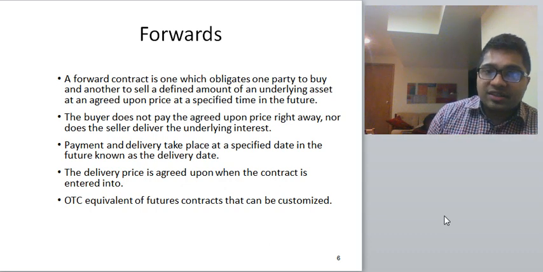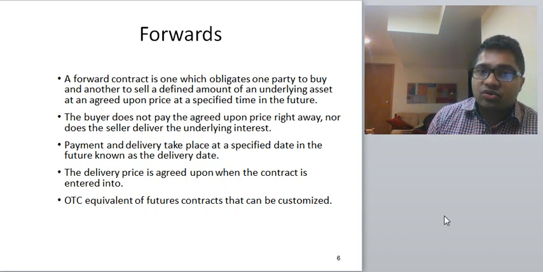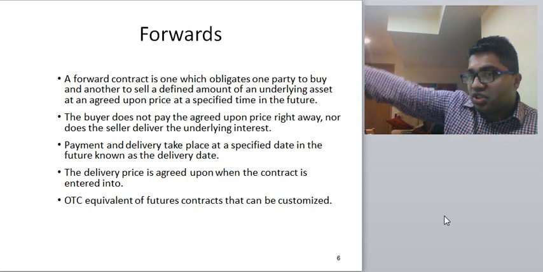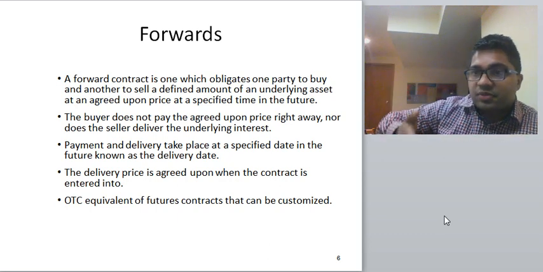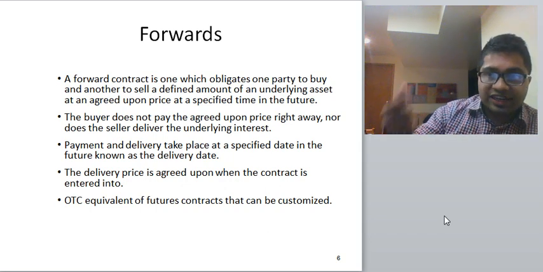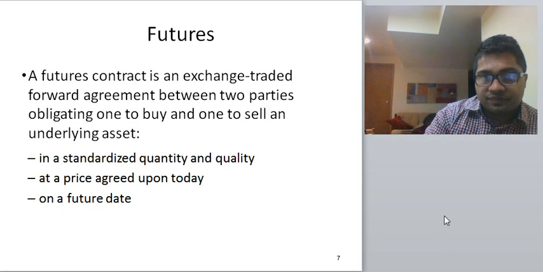Payment and delivery takes place at a specified time in future known as the delivery date. The delivery price is agreed upon when the contract is entered. So what are you doing? You're buying and selling at a future date at fixed price. It is the OTC equivalent of future contracts that can be customized. They are traded over the counter, not on exchanges, and they are extremely customized.